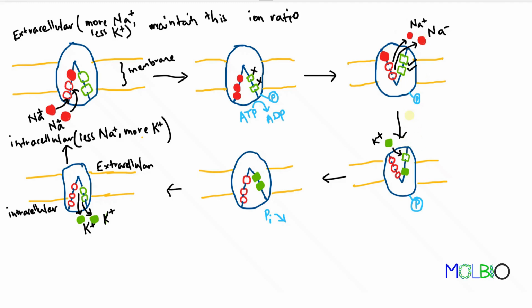And potassium ion binds from outside of the cell, and once the binding is complete, this again triggers another conformational change where it switches back to its previous state, and this time because of this change, the phosphate group is released as inorganic phosphate into the cell, and then this again triggers another conformational change where the pocket for potassium goes through a conformational change, releasing the potassium ion into the cell and goes back to its previous state. So in this cycle, they pump sodium out and pump potassium into the cell.